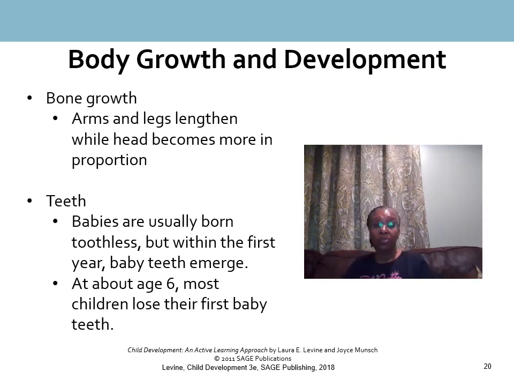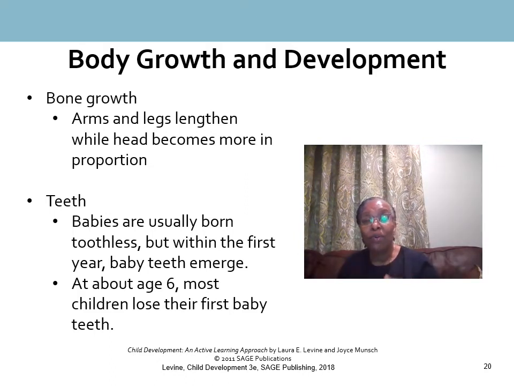In your textbook, you'll see a figure, 6.7, that shows you how the head looks relative to the body and how it changes from birth until they're about 15 and a half years old.